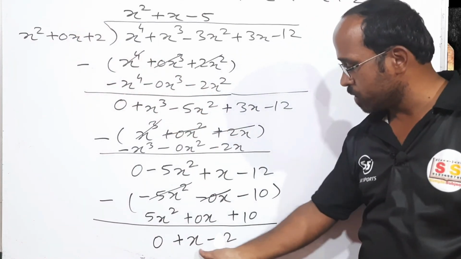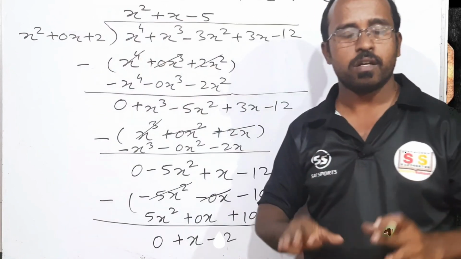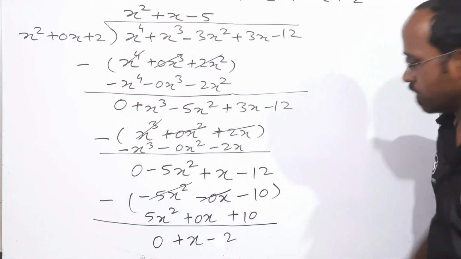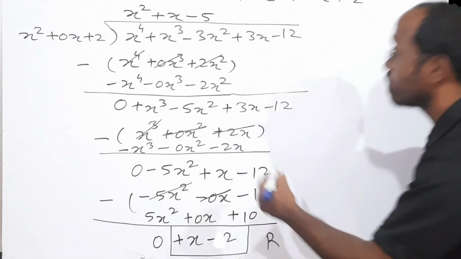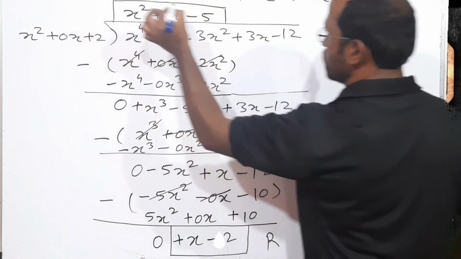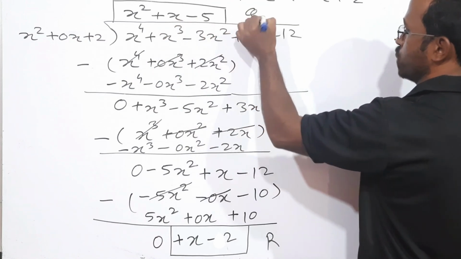So the degree of this dividend is not greater than or equal to the degree of the divisor, which means we cannot do further division. Hence this is our final answer, and x minus 12 is the remainder. x square plus x minus 5 is the quotient.